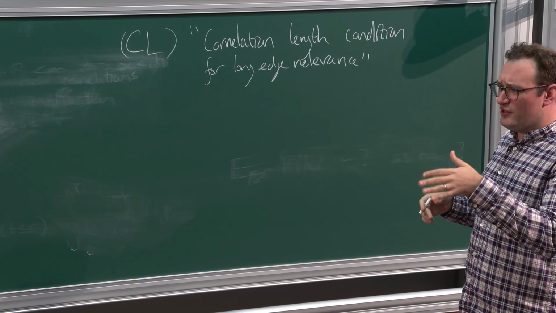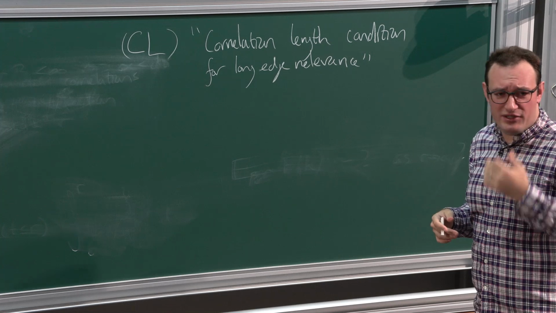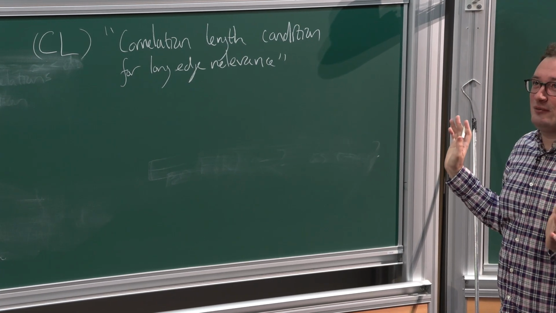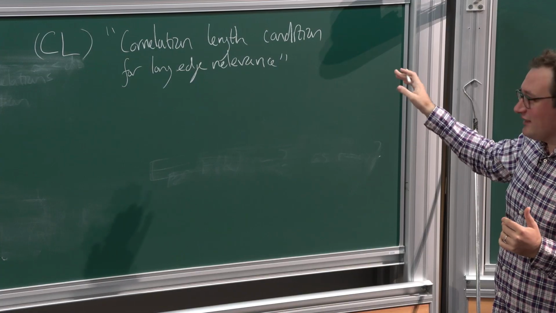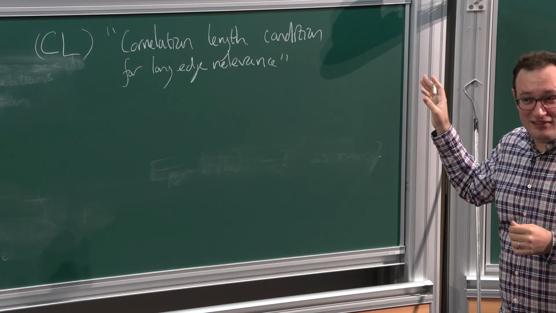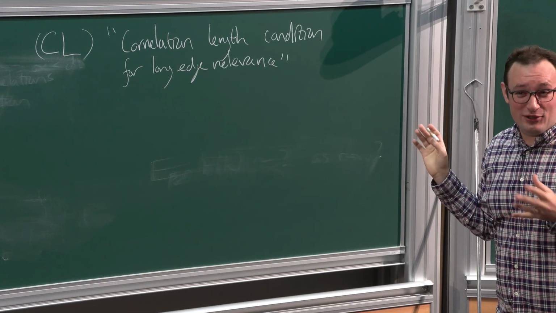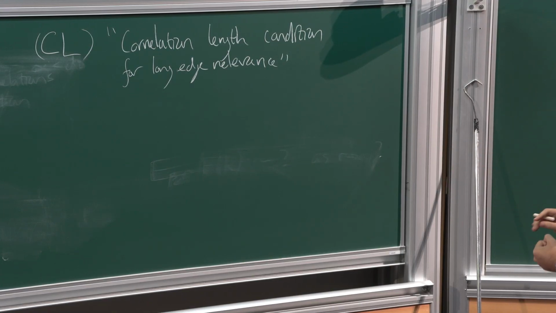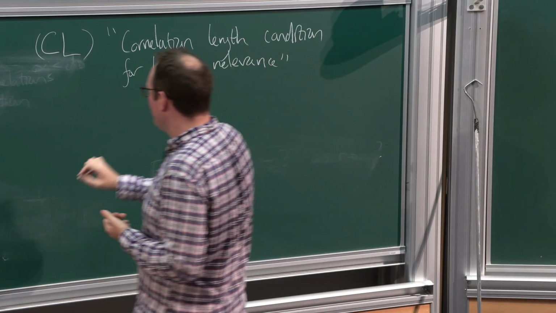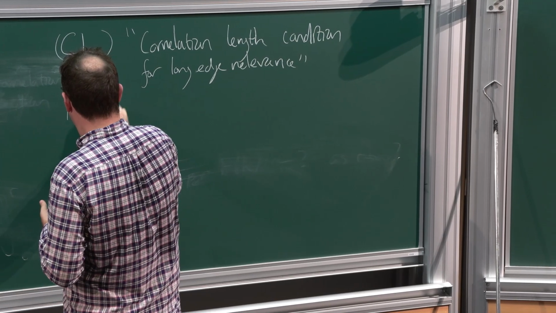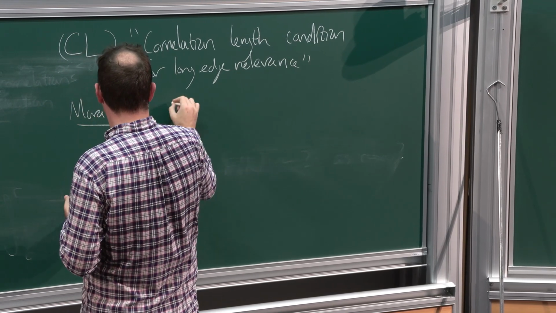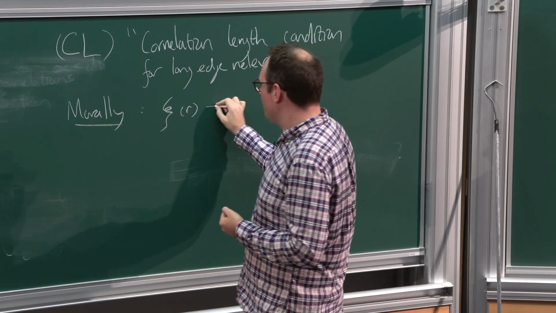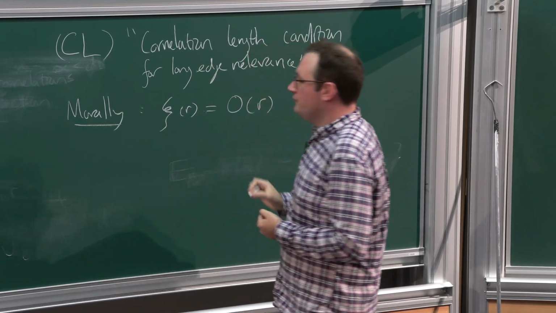Now you could define a version of this using something like the radius of gyration. One of the annoying things about the paper as it stands is the exact condition I use for this is quite ugly. So you can replace it with some stronger conditions, which are maybe less ugly, and which maybe I should just do. But morally, it says that the correlation length as a function of the cutoff is big O of R.